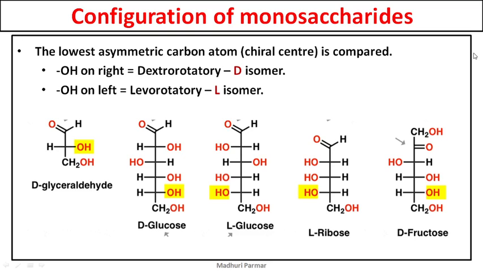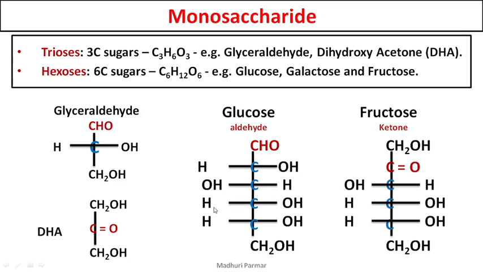Now, something about configuration. Fine. The lowest asymmetric carbon. I hope you know what an asymmetric carbon or chiral carbon is, right? Let us just consider the previous one only. Let us see this glyceraldehyde molecule. This central carbon has an aldehyde group on one valency, OH or hydroxyl group on another, CH2OH on one side and H on the other side.